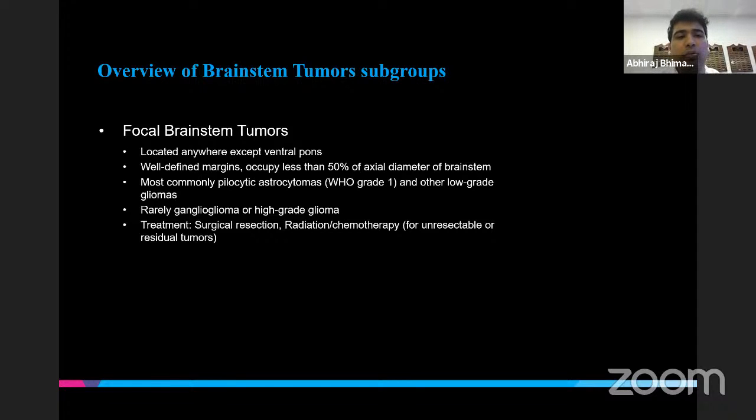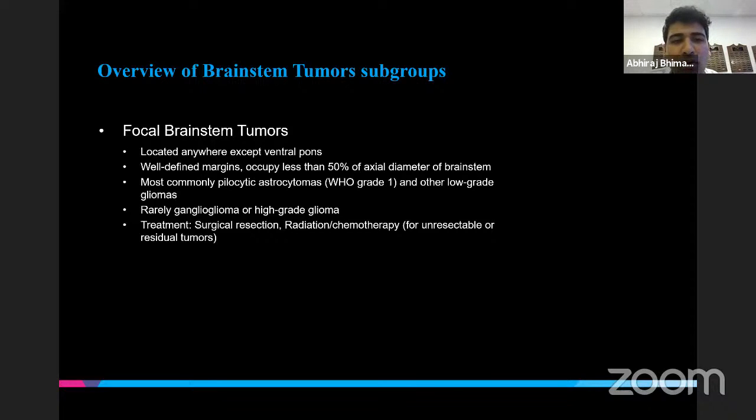Since the classification is based on MRI, for tumors that are not clearly characterized as focal or diffuse based on MRI imaging alone, one strategy is to perform a stereotactic biopsy and subsequently consider resection based on what the biopsy shows.